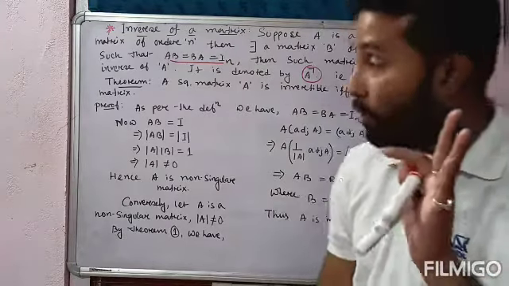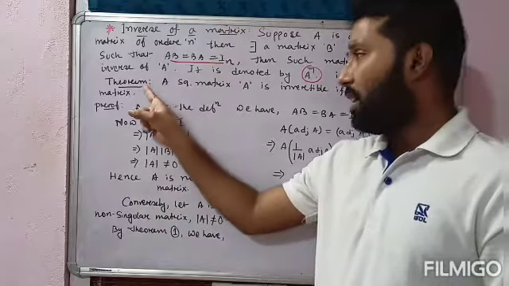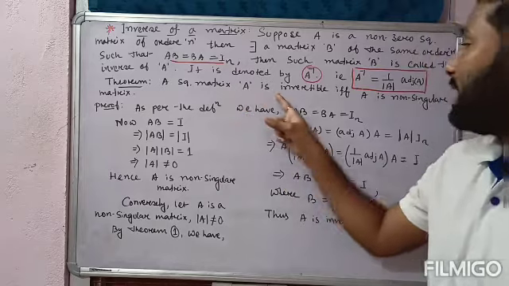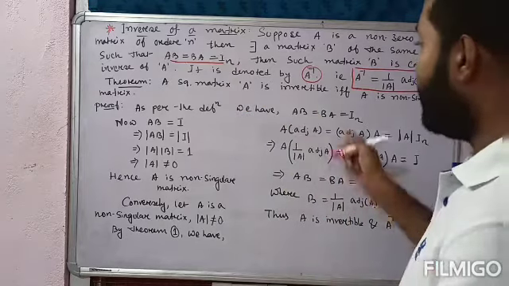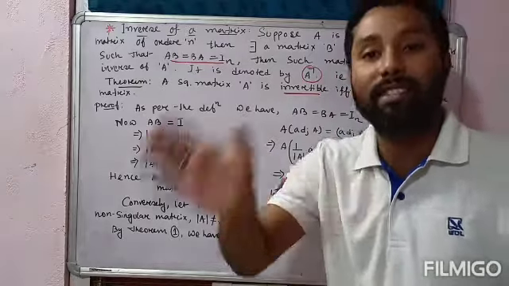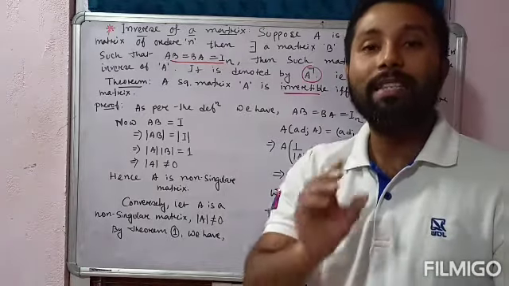Now, one of the important theorems. A square matrix A is invertible. I have written here one word, invertible. Invertible is nothing but inverse. Invertible means inverse.